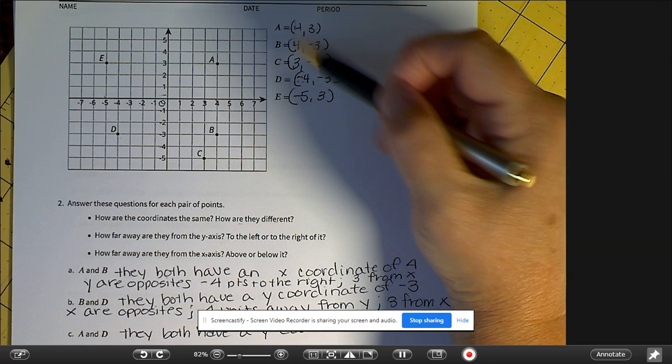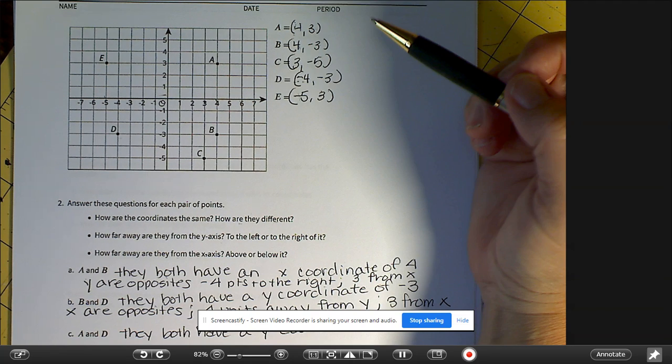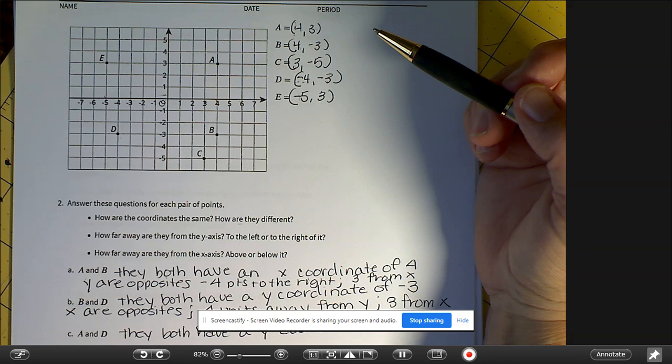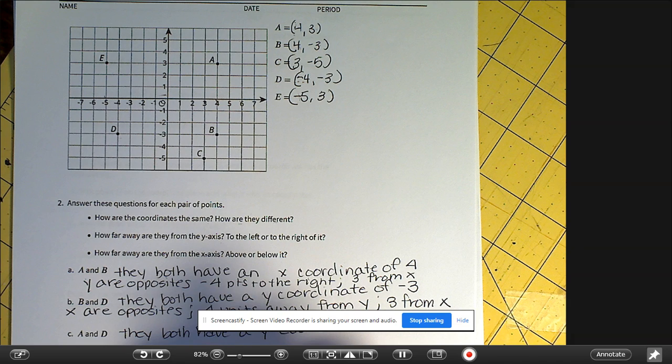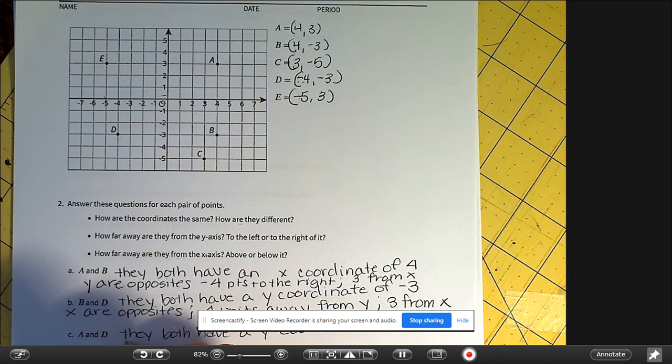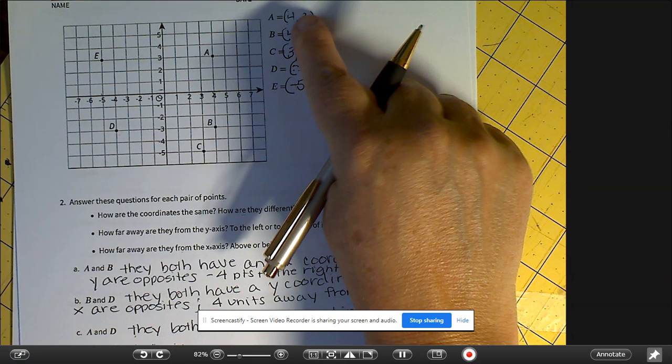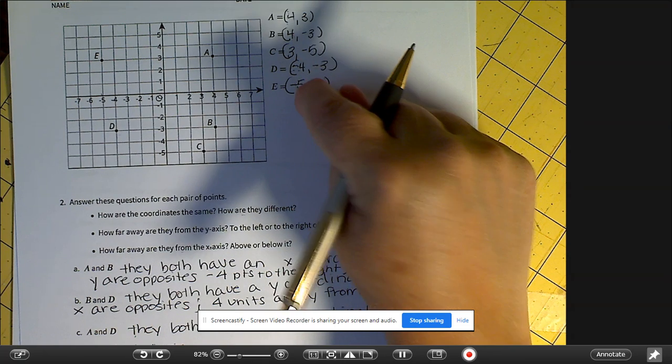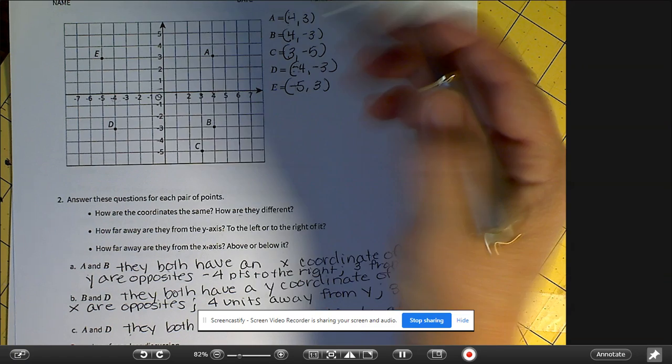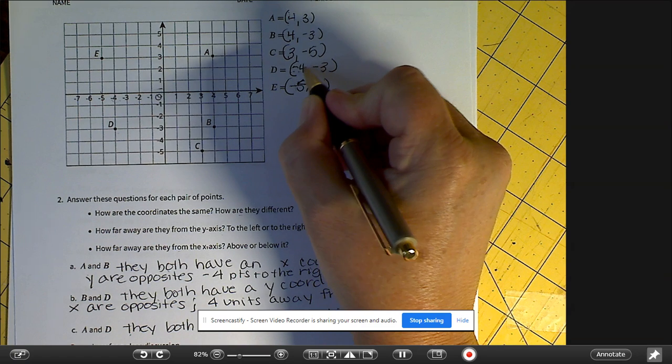And then A and D, we have a 4, 3. So they both have a y coordinate of 3. The difference is, oh, I said 4. It should be negative 4.